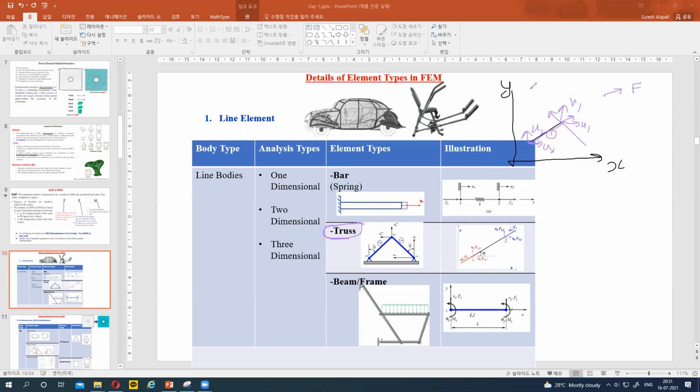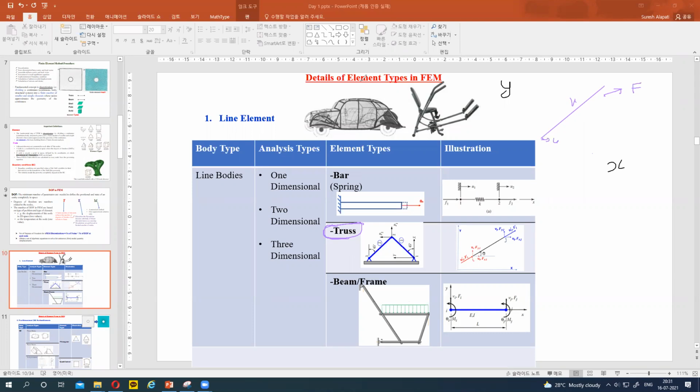It may be a 3-dimensional truss problem, where the line body does not remain in a single plane. Then we have to find u1, v1, w1, similarly u2, v2, w2. In a 3-dimensional problem, there are 3 degrees of freedom.